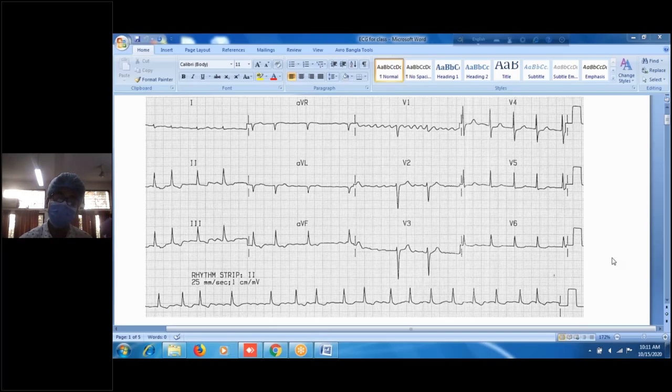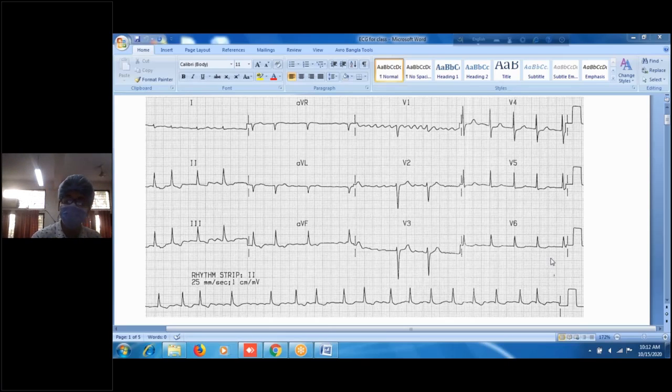A 55 or 65 year old man presented with chest pain for several hours and palpitation, and an ECG has been done. The ECG shows like that. So they can give any picture. Sometimes it may be a hypertensive man presented with that ECG.